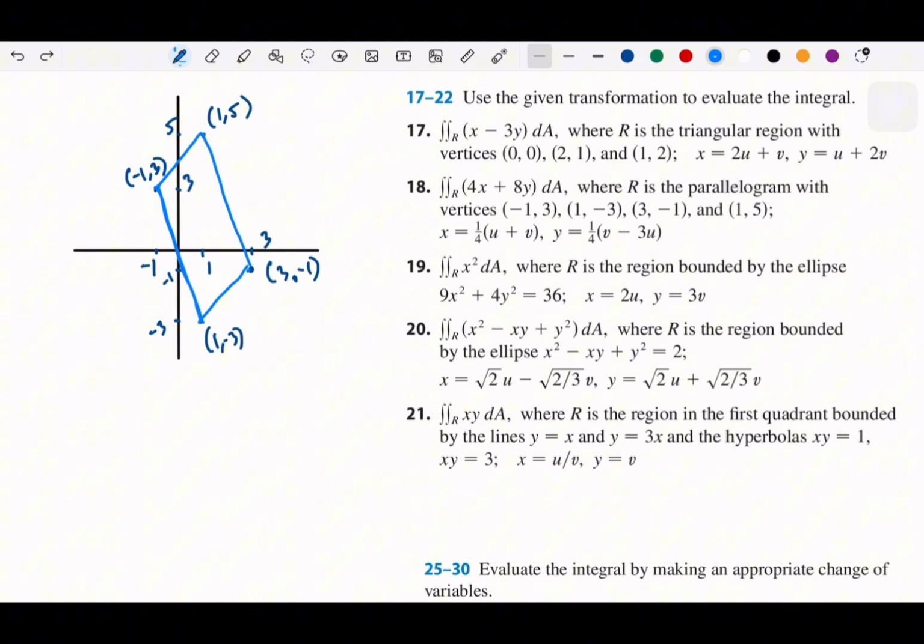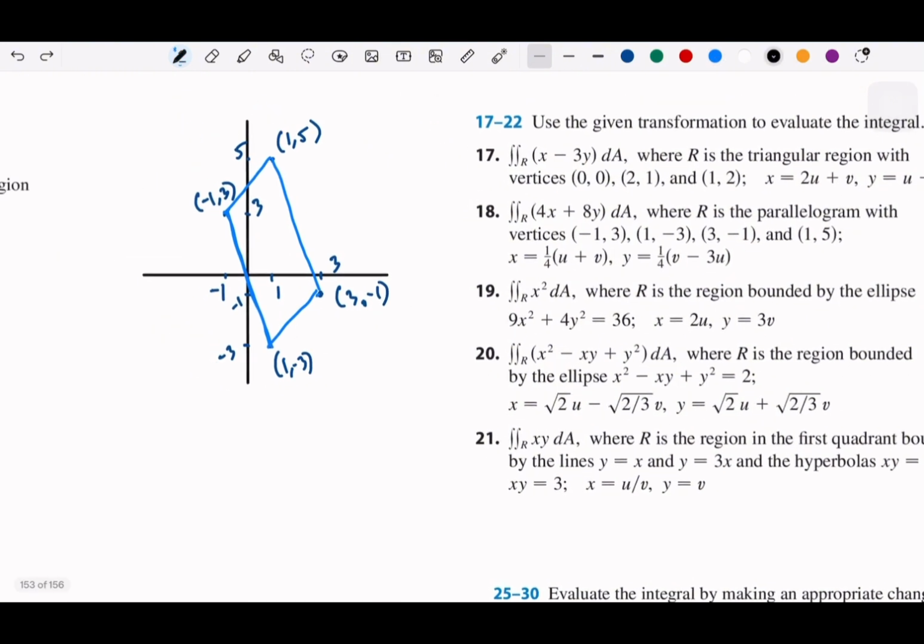Instead of using this graph, we can use these relations between x, y, and u, v. So this is 18. We have x is 1 over 4 times u plus v, and y is 1 over 4 times v minus 3u.